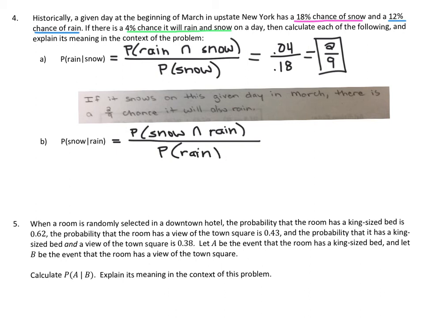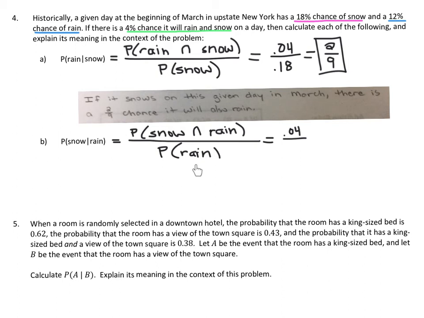Okay, so if we look up at the top of the page, just from before, the probability of them both occurring, or the probability of snow and rain, is equal to 0.04. You could write 4, as long as you keep them both in terms of percent. I'm writing them as decimals, but you can keep that as a 4 as long as you keep the denominator as a whole number percent as well.